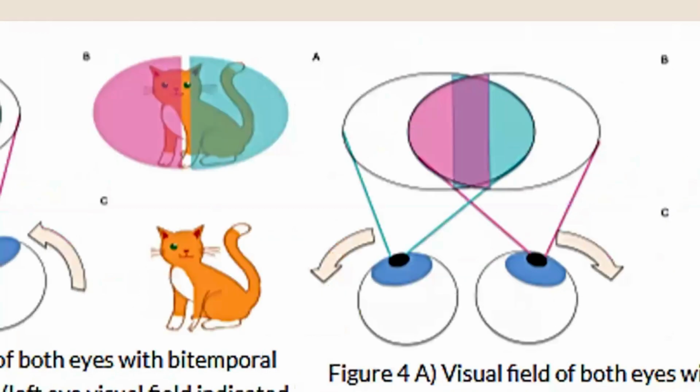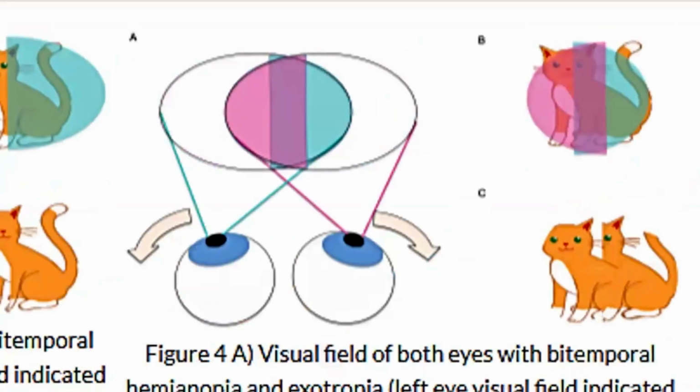In contrast, in case of exodeviation, we said there is an overlap of the nasal visual fields here. So when looking at the same object, this overlap can create a kind of image doubling.